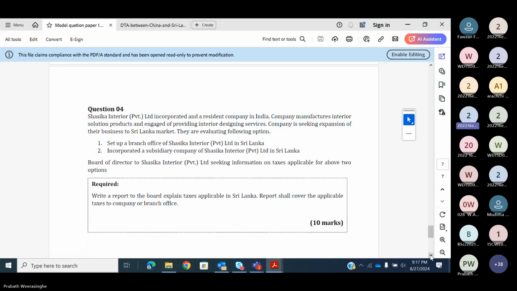If they are paying any dividend, that could be liable for withholding tax, AIT. And because these are not exempted services for VAT as well as SSCL, those could be liable. That's the area that needs to be considered.